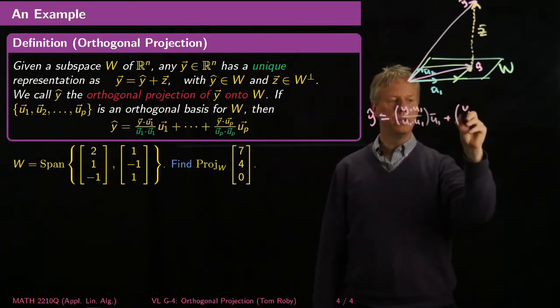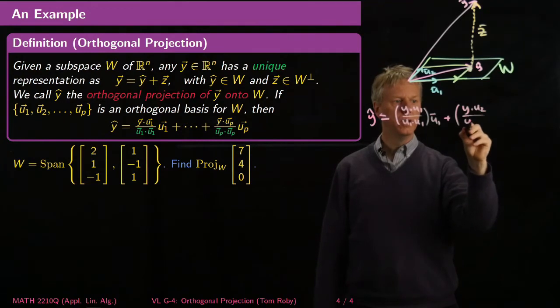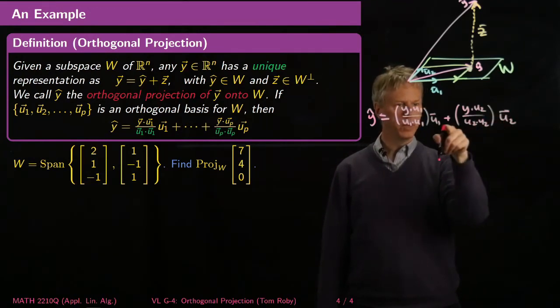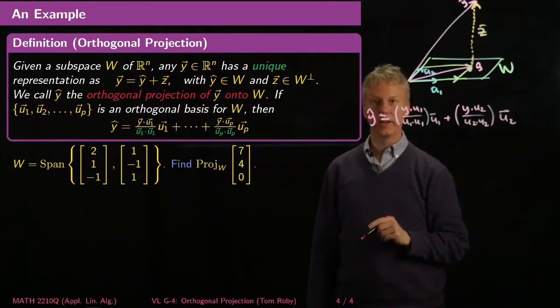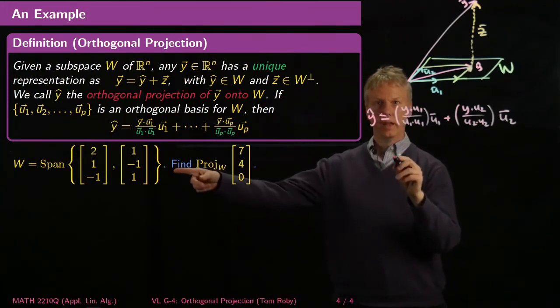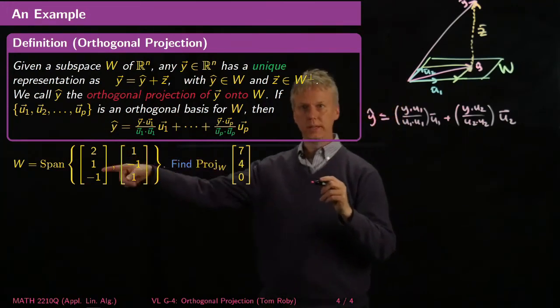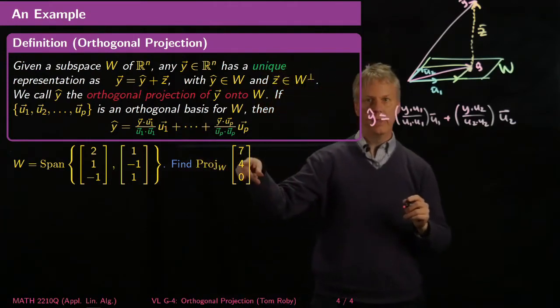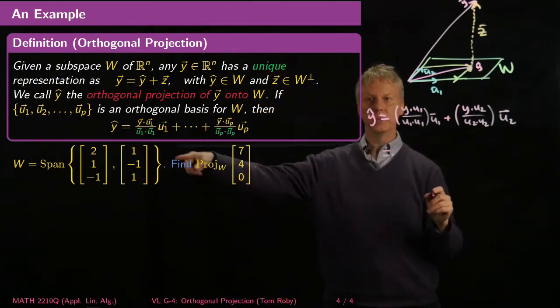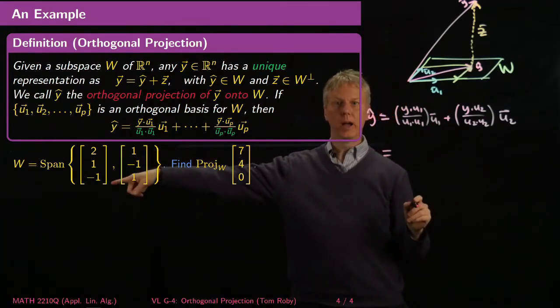Plus, since I only have two vectors here, y dot u2 over u2 dot u2 times u2. This I really want to think about as being a vector, so I'll make sure to write it there. And so in this particular case, using these as u1 and u2, and this is y, I'll get the dot product of (7, 4, 0) with (2, 1, minus 1). So what's that?